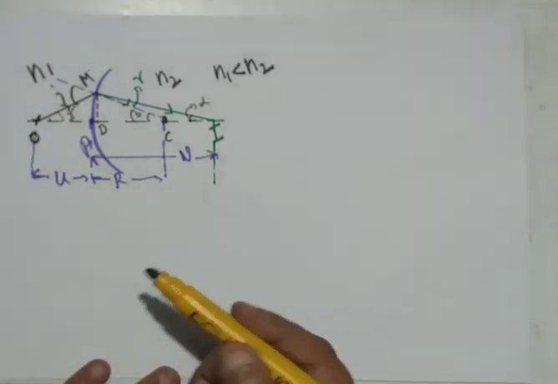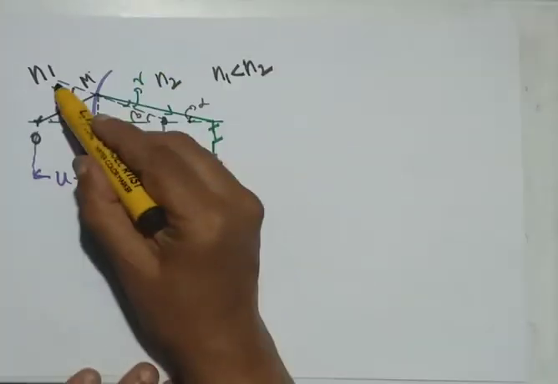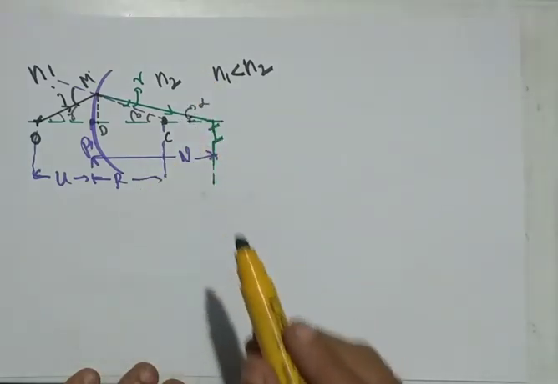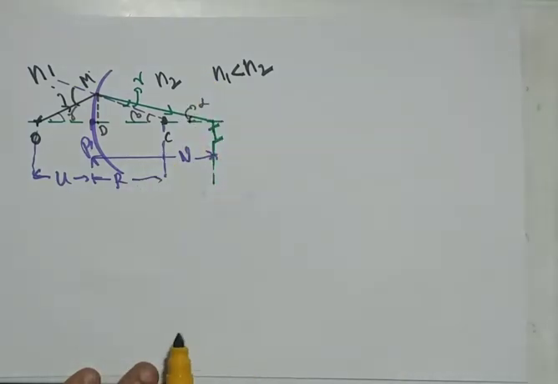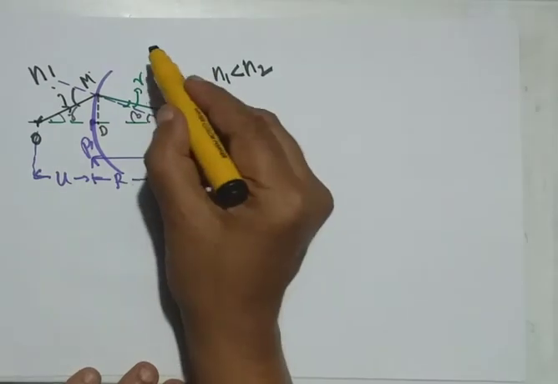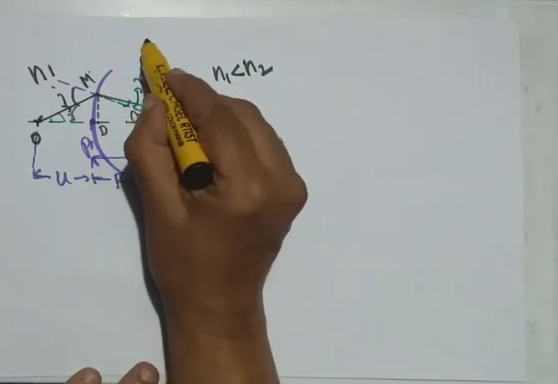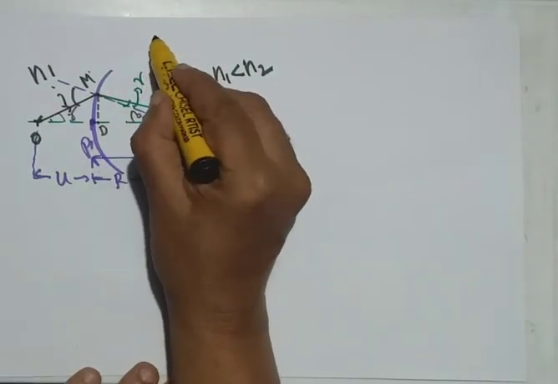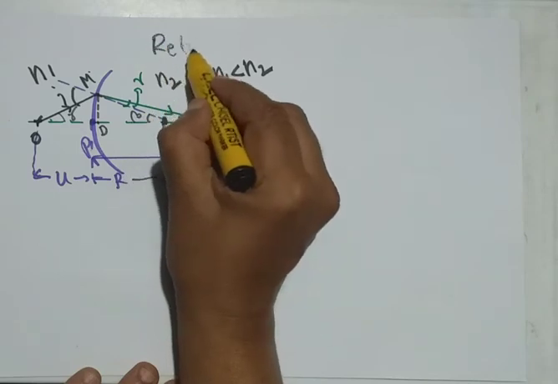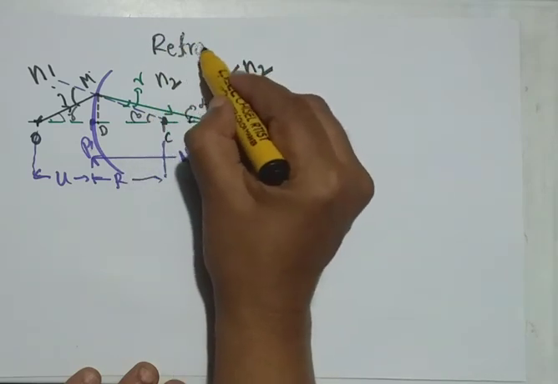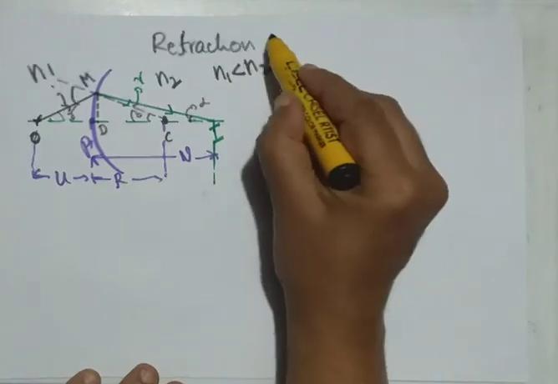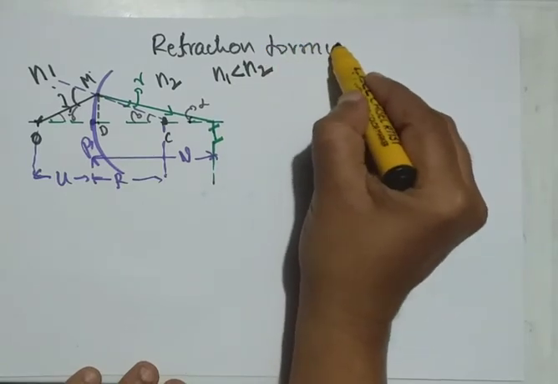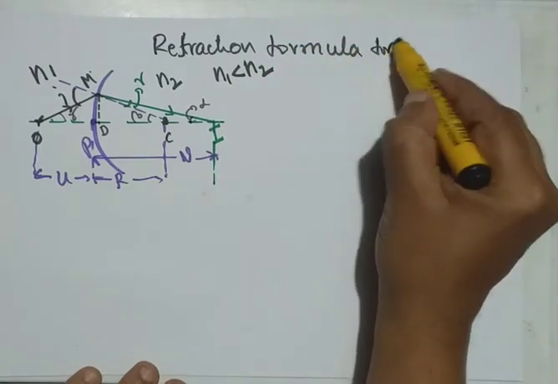We want to connect N1, N2, U, V and R in this derivation, which is called refraction through a curved surface. We are deriving the refraction formula for a curved surface.